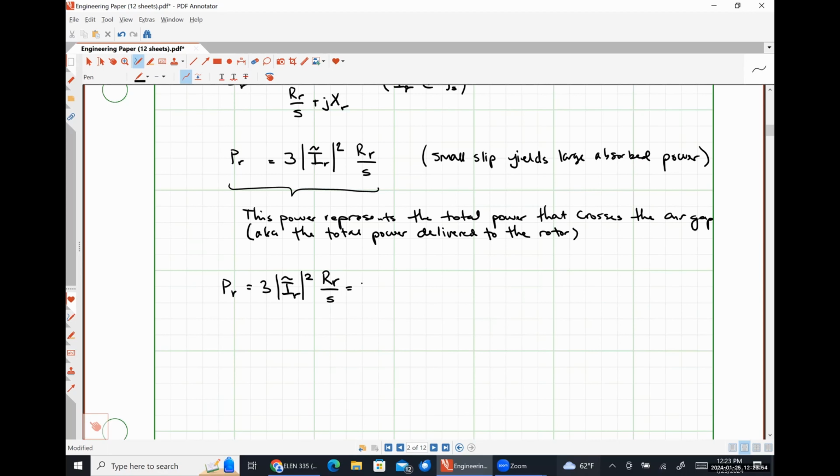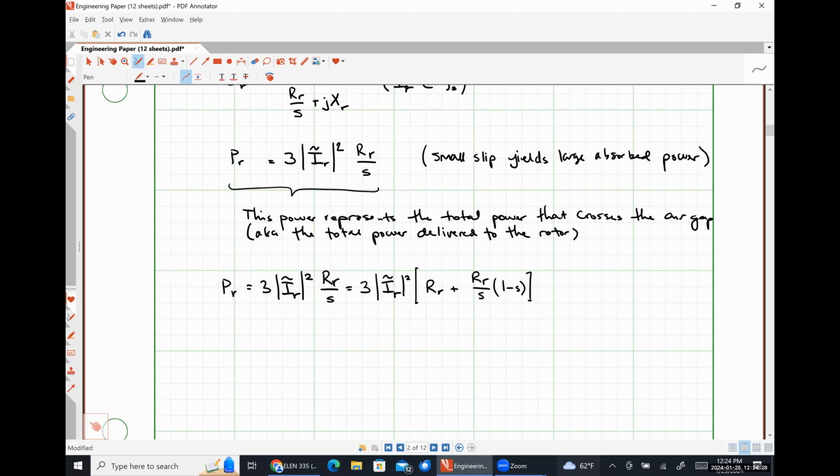And so I'm going to express that as 3 times I_R squared. And I'm going to break out that rotor resistance divided by slip thing. I'm going to have my rotor resistance here. Then I'm going to have my rotor resistance divided by slip times a factor of minus S.